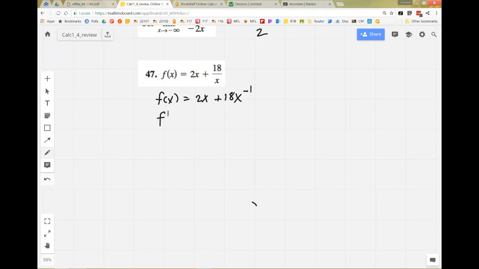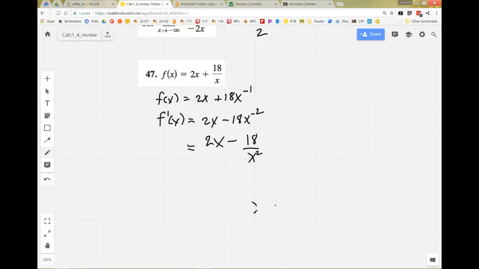Derivative, 2x minus 18x to the negative 2. We could rewrite that as 2x minus 18 over x squared.